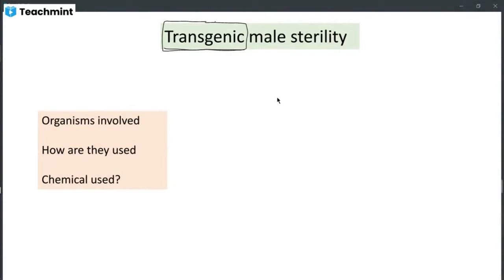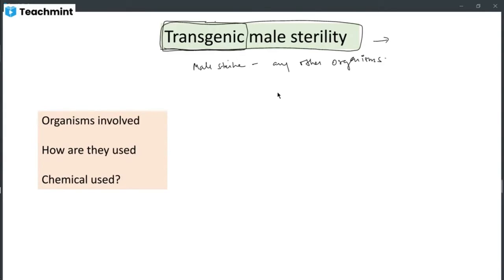Male sterility genes come from other organisms. Okay, we are taking male sterility genes from foreign organisms, right? So, see, transgenic male sterility is also a type of genetic male sterility.